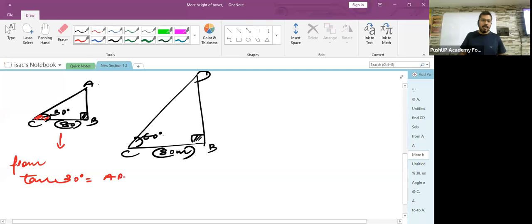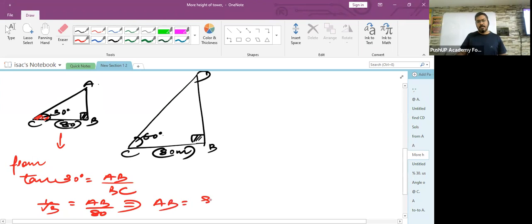Opposite is what? AB. And adjacent is what? BC. Tan 30 is how much? 1/√3, which is equal to AB over BC. We don't know AB, BC we know, 80. So after cross multiplication, you get AB is equal to 80/√3 centimeters. Make sense? All right.